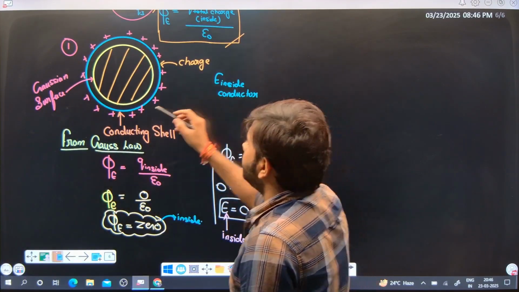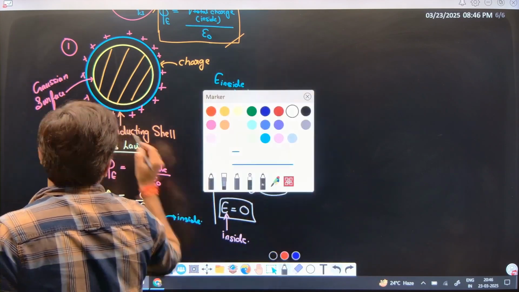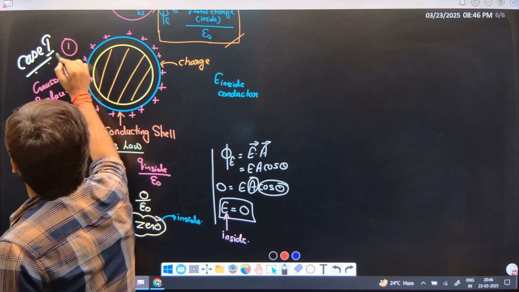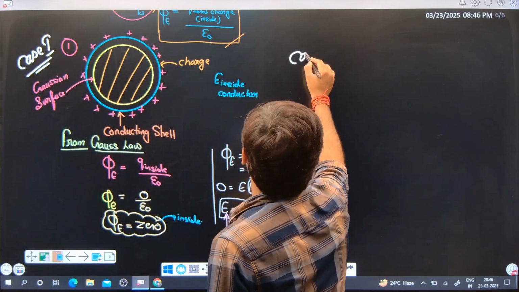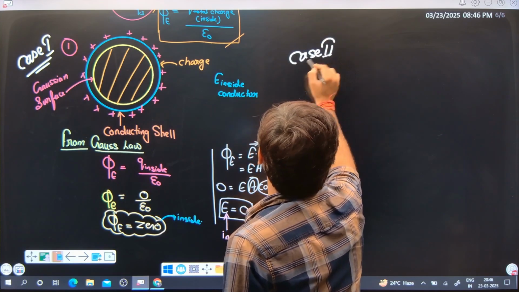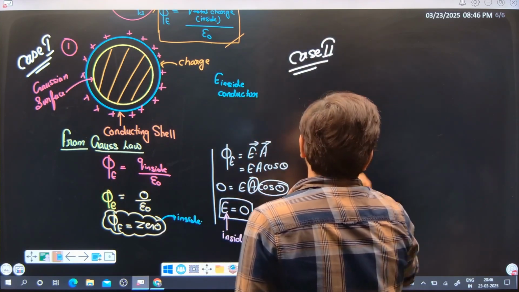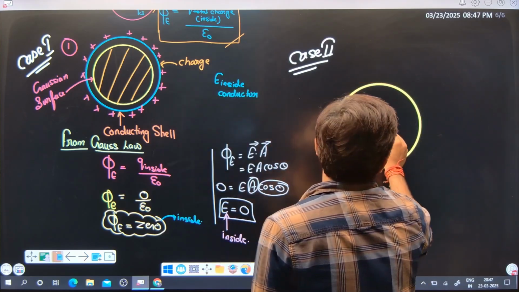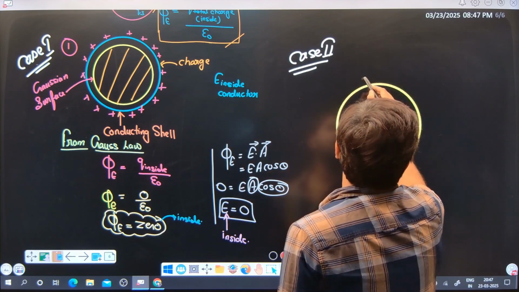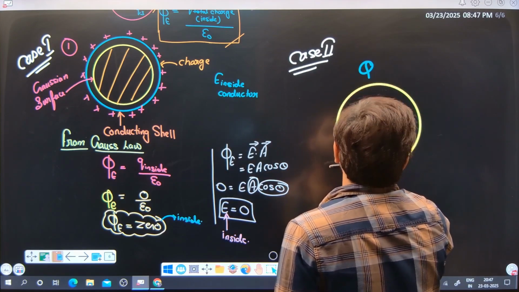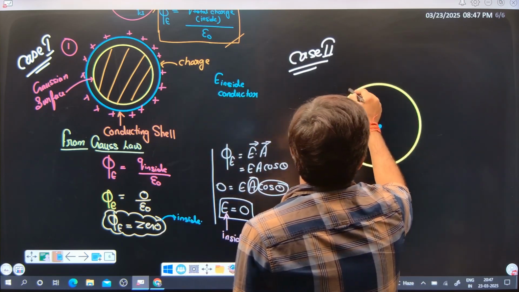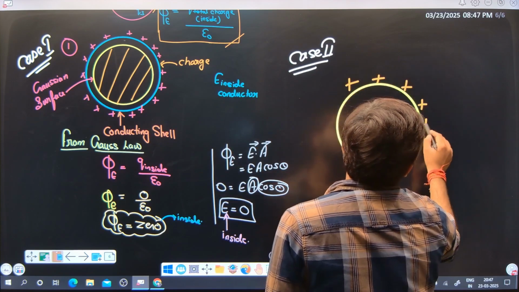Just imagine this is case 1. Case 2 we will discuss right now. Just imagine this is a spherical cell. Imagine the total charge is Q; we'll discuss charge distribution also.